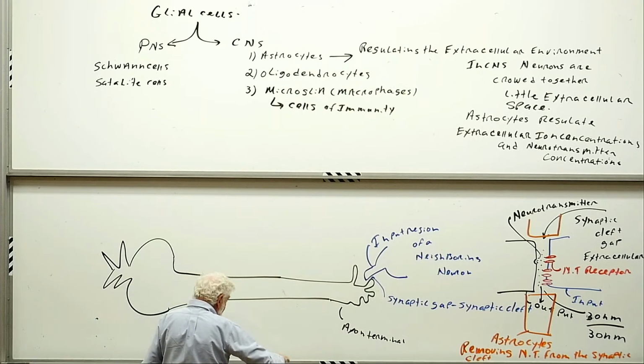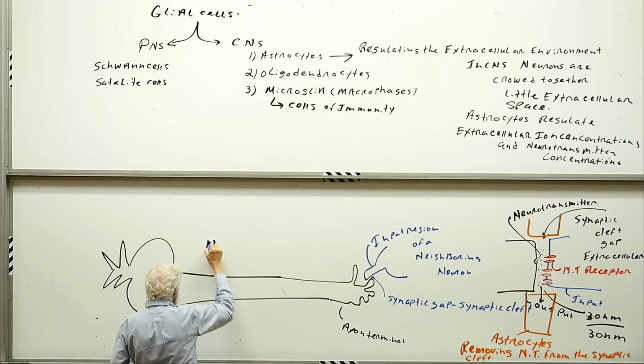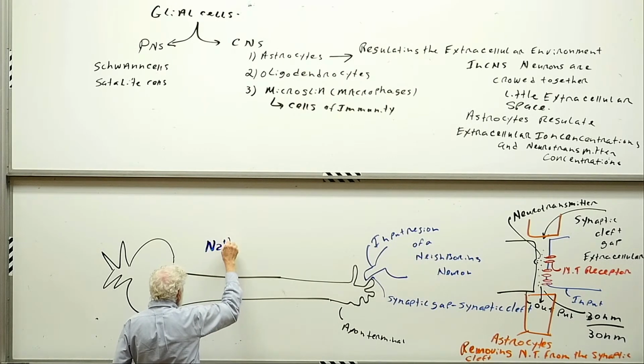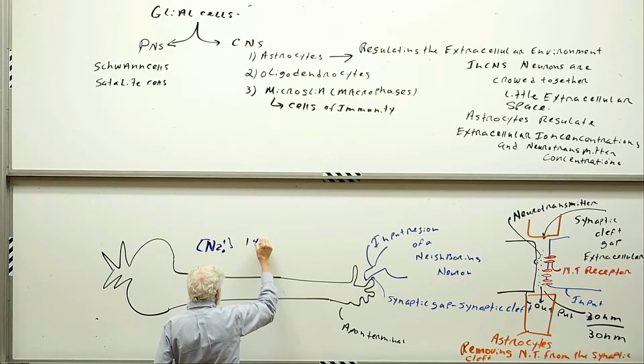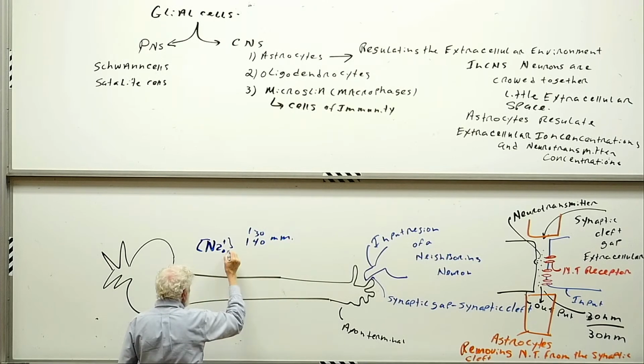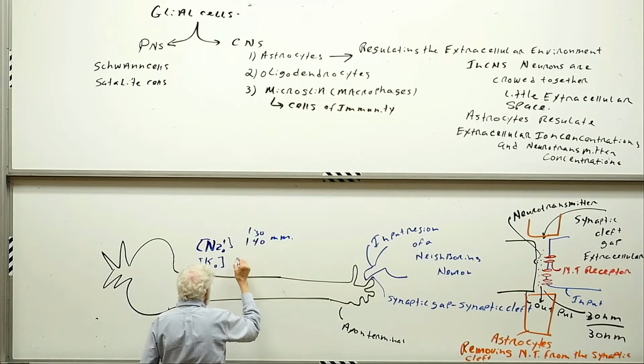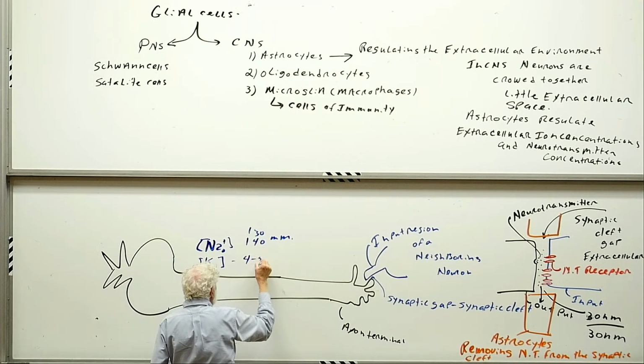But typically, in and around neurons, the sodium concentration on the outside is about 130 to 140 millimolar. This is on the outside. The potassium concentration on the outside is typically in the neighborhood of 4 to 5 millimolar.